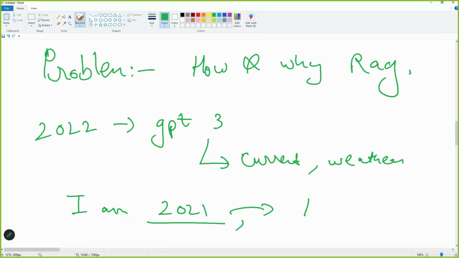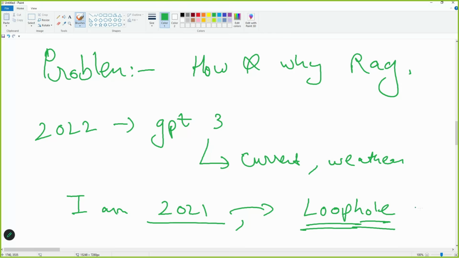And this was a very big loophole into this system, because what kind of chatbot is this when it does not know what is going on currently? How can we call it intelligent when it does not have any current sources, when it does not have any superpower to fetch current sources or current real-time information? We cannot use it, right?